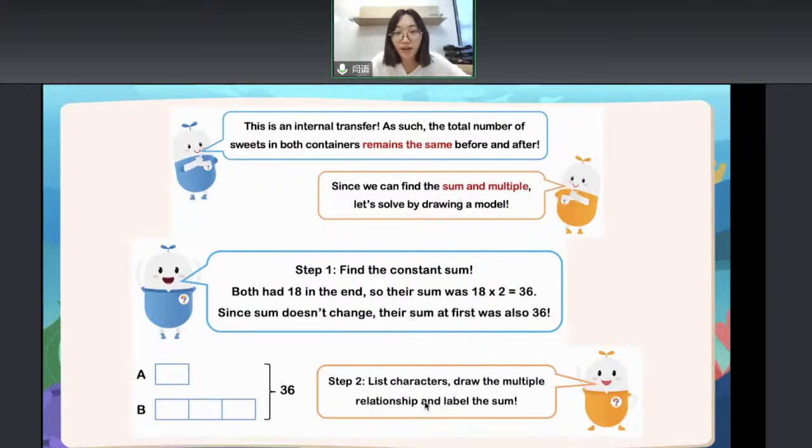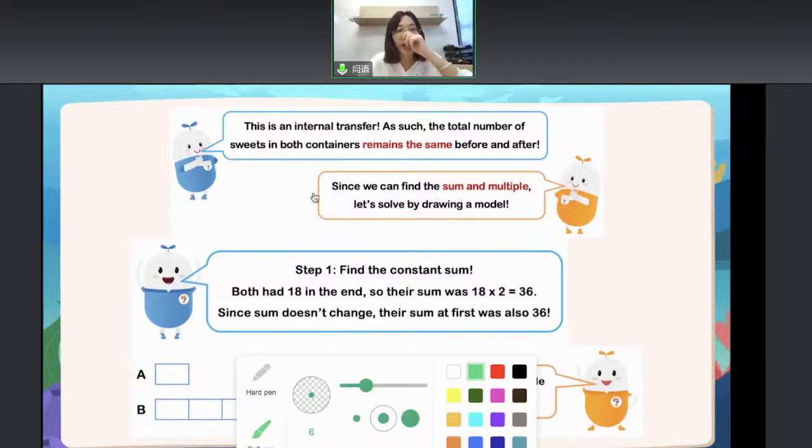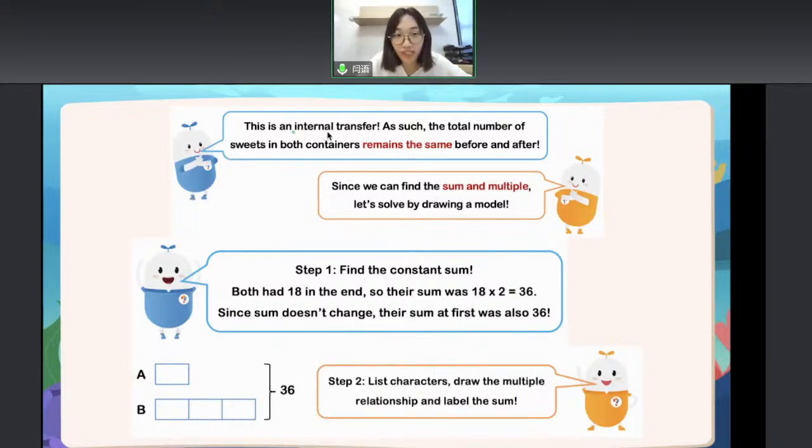Okay, so here, everyone, please take out your book and circle the words here. This is an internal transfer. As such, the total number of sweets in both containers remains the same before and after.